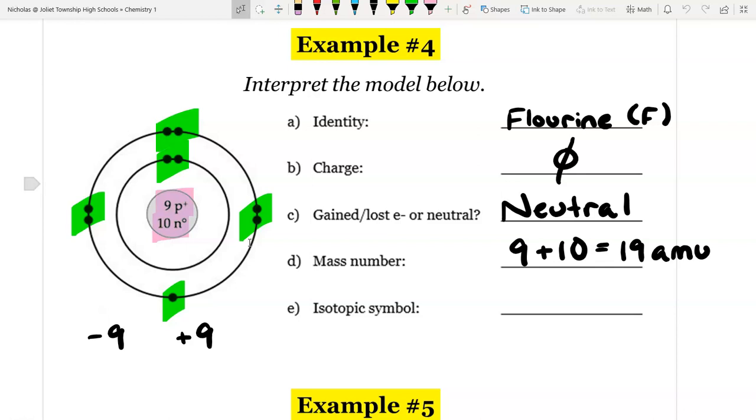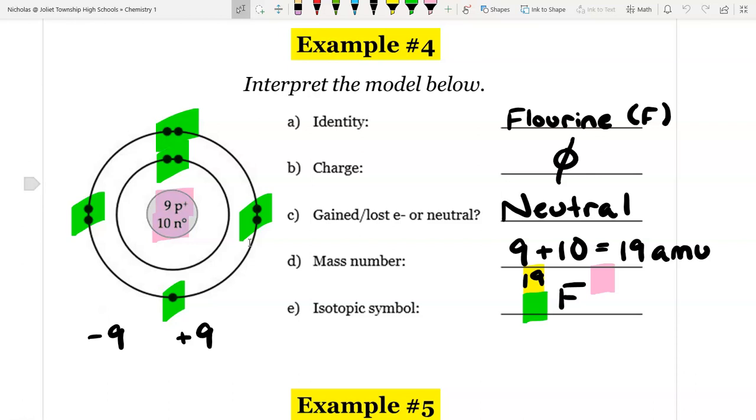The isotopic symbol, first of all, this is fluorine, so it would have an F. And then there are 3 different numbers on the symbol. The first one, the one in yellow, is the mass number. The mass number in this case is 19.